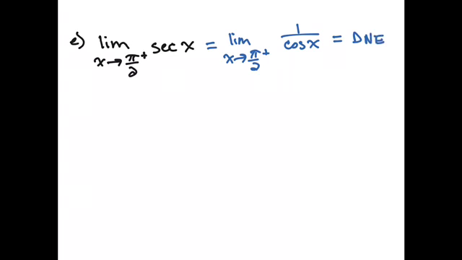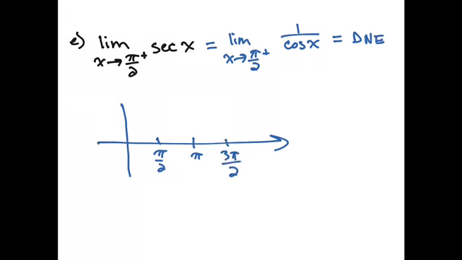But let's look at what we're discussing here on a graph. If I were to graph cosine, which you're supposed to do in order to graph secant, oops, I meant that would be pi. Then my graph of cosine, it starts high, right?